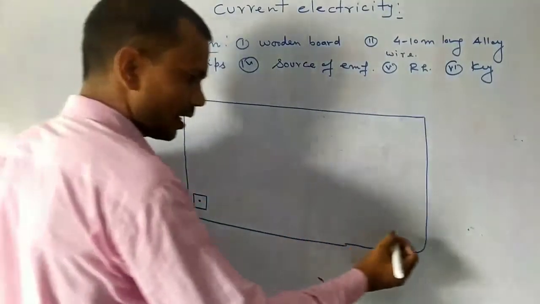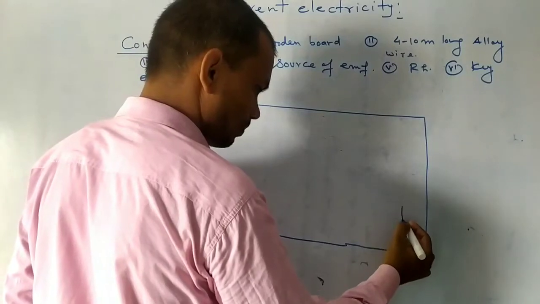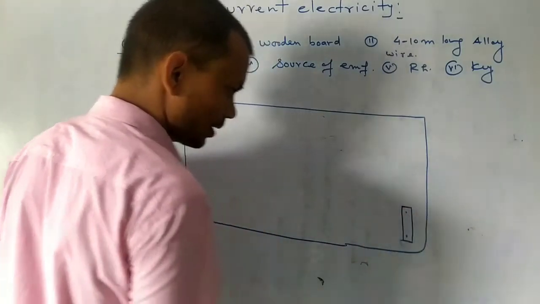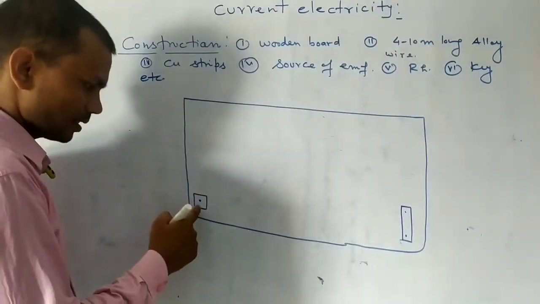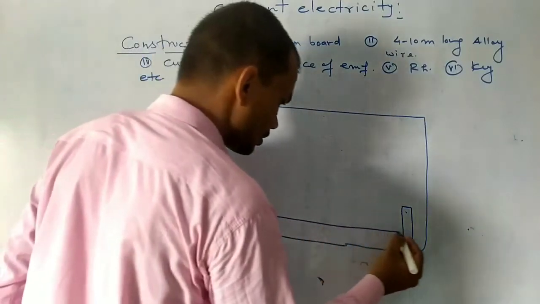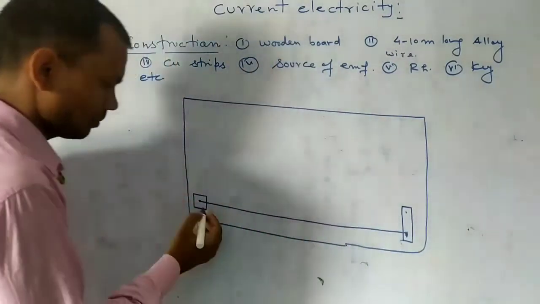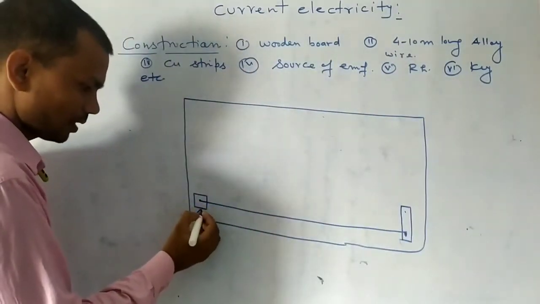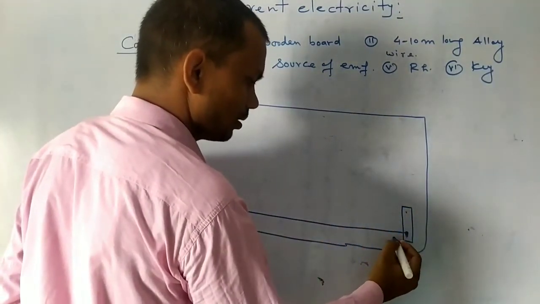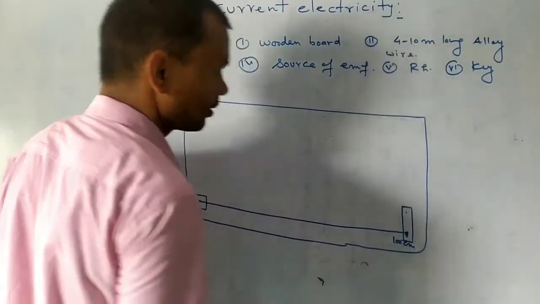Then another copper strip, suppose having two knobs, and the distance between this knob and this knob, suppose is 1 meter, or simply 100 centimeter, from point A to this point.